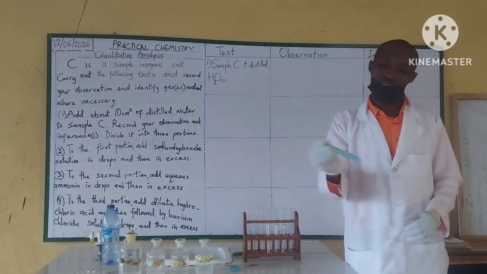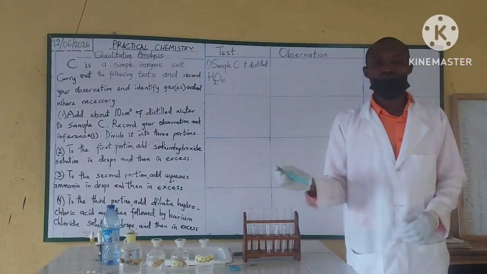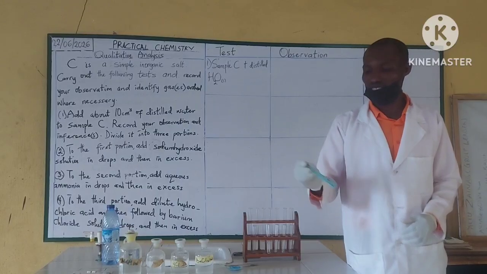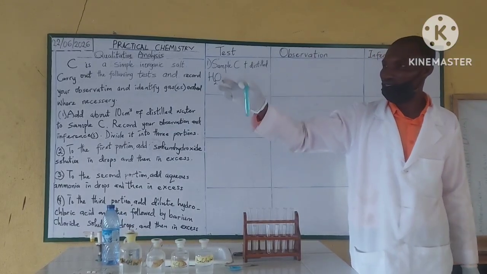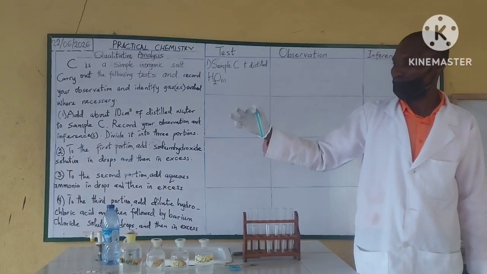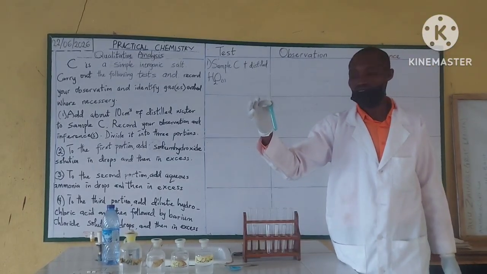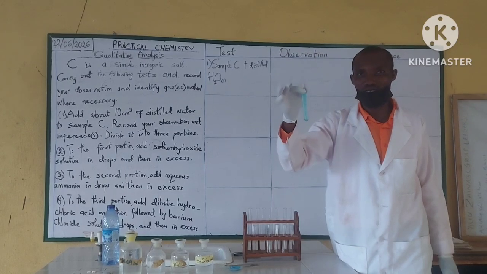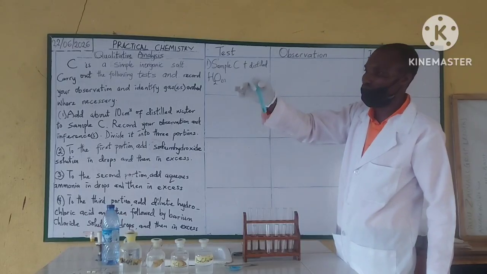By the time you add your salt to water, it's just like you are adding solute to solvent. Addition of solute to solvent will make solution. As you can now see, this is a solution of the salt. In fact, this is solution of sample C. This is no longer sample C, but it has become solution C. Now, what do we observe when we add water to the salt?